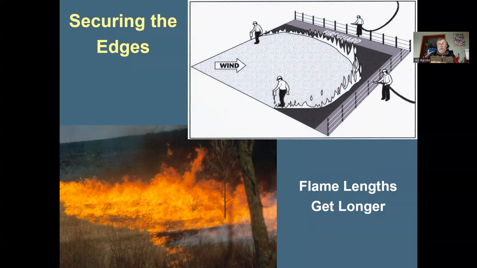You want to make sure that your crew is rehydrated so they are filled with water. You want to make sure your crew knows where the tie point is. So all of these basic sorts of things you need to get ready before you light that very intense and risky fire.